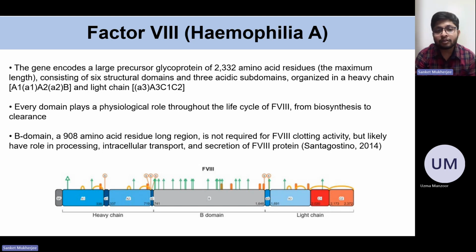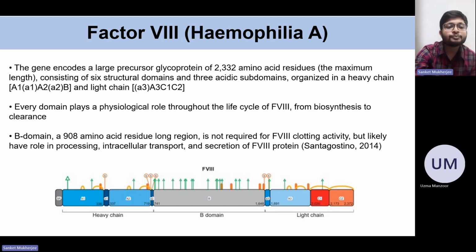Every domain plays a physiological role throughout the life cycle of factor 8, from biosynthesis to clearance. The B domain, a 908 amino acid residue long region, is not required for F8 clotting activity, but likely does have a role in processing, intracellular transport and secretion of the F8 protein. So this is how the F8 factor looks.